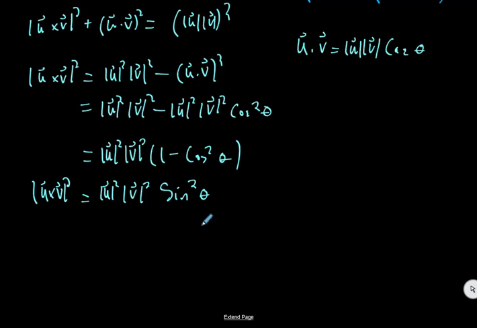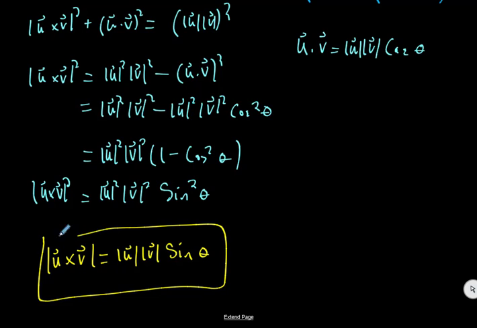And then if I take the square root, finally I get what we intended to show from the beginning, that the magnitude of u cross product v is equal to magnitude u magnitude v times the sine of theta. And that's what we wanted to show.